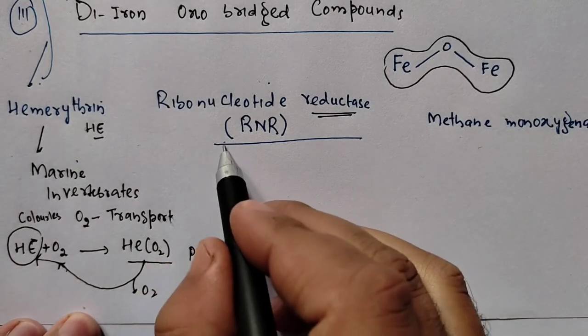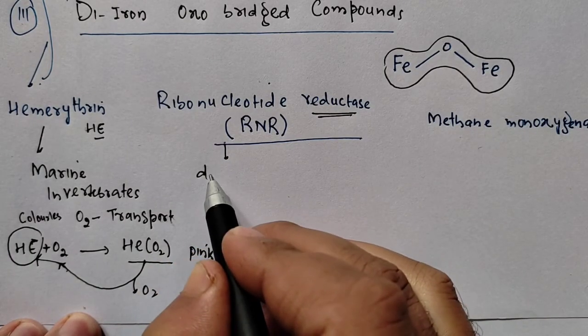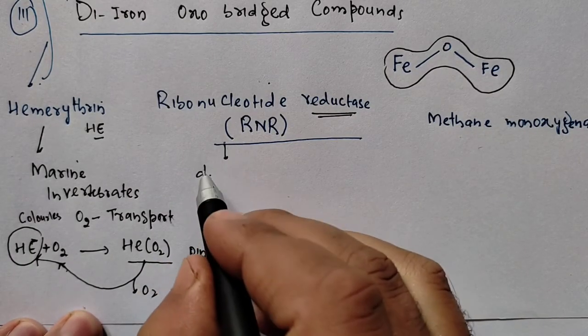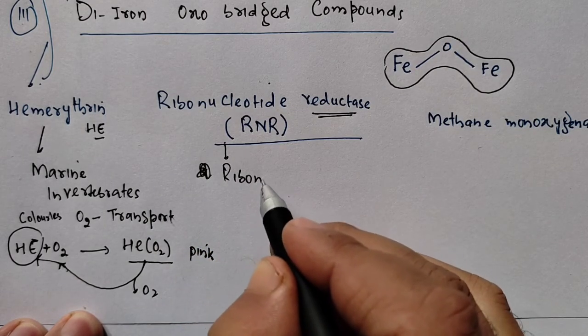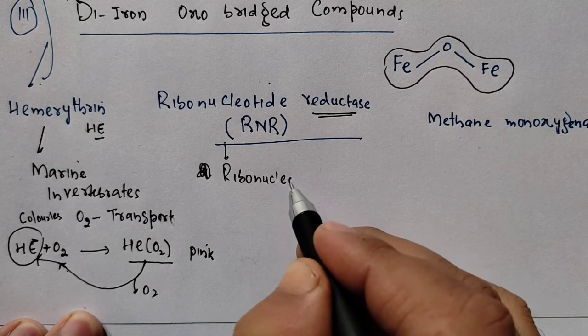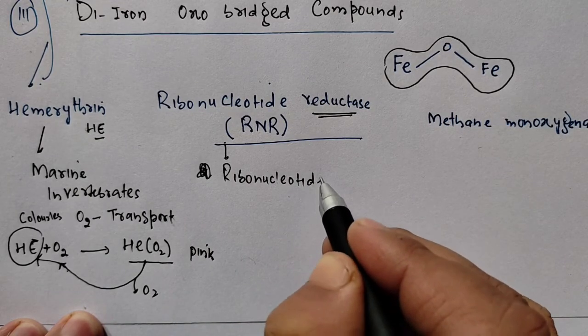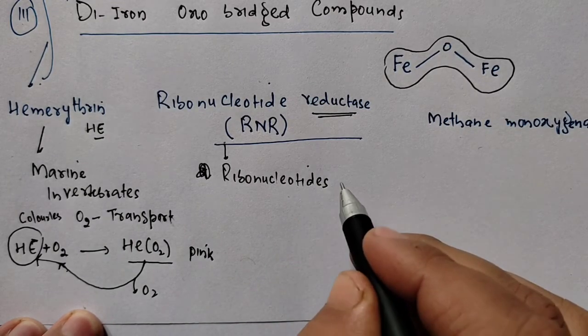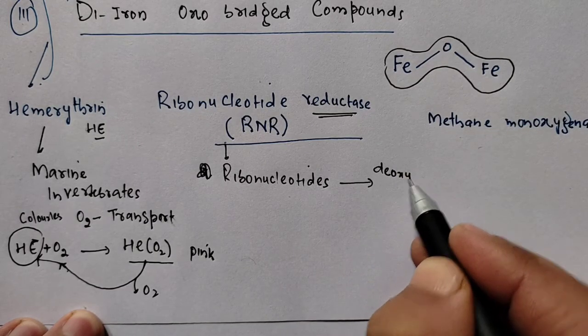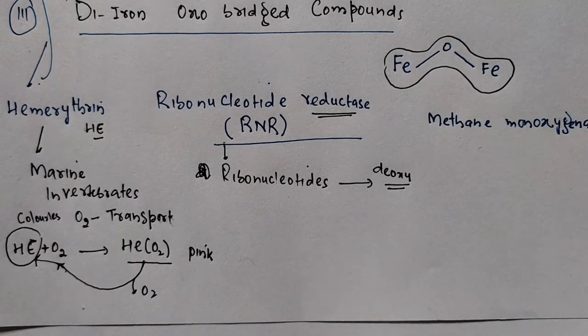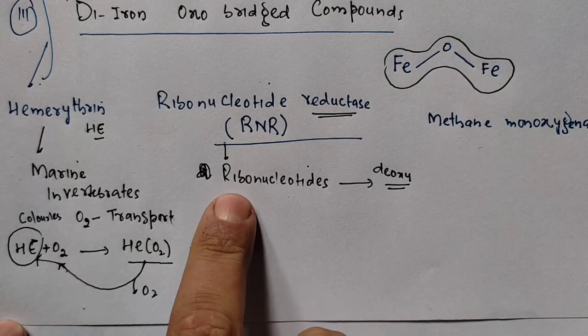So it converts ribonucleotides to deoxyribonucleotides, the deoxy form, actually removing the oxygen.